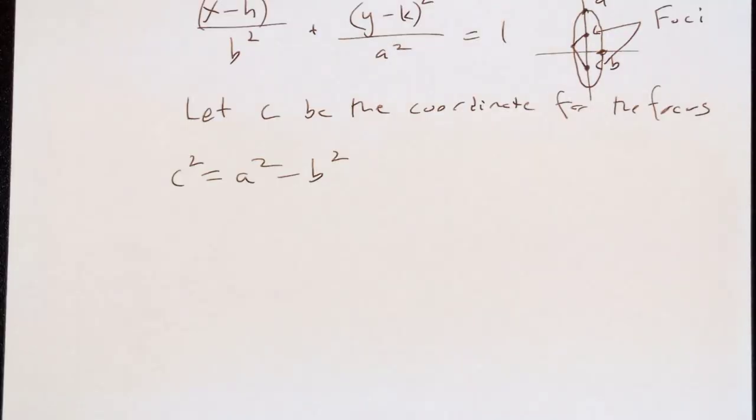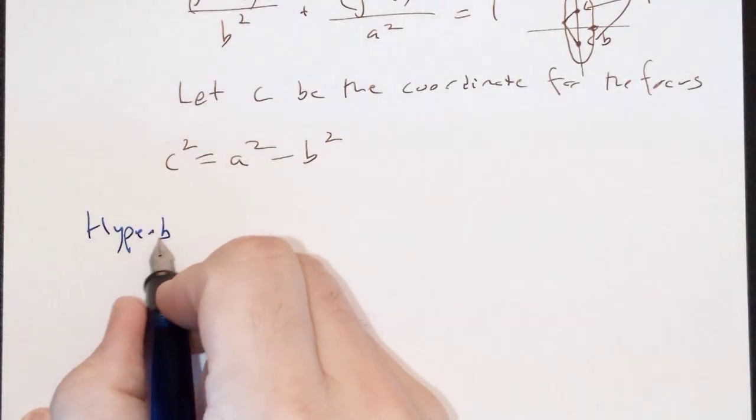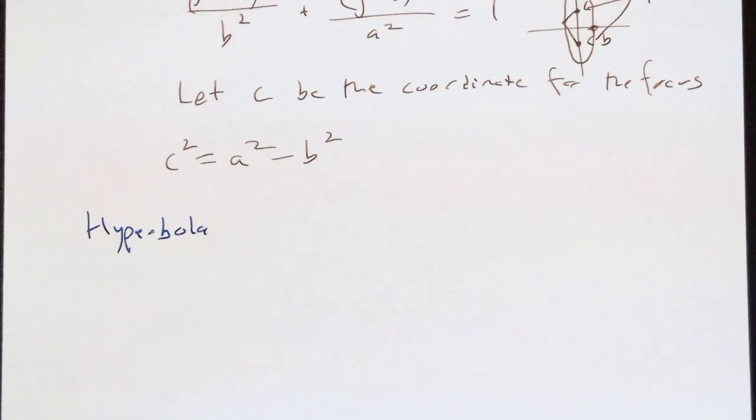I could have the distance to one focus be really huge, and then the distance to the other focus be even bigger. My points would get further away. So instead of being contained, my shape is uncontained. And it goes out to infinity. A hyperbola. Take your ellipse and rip it inside out.